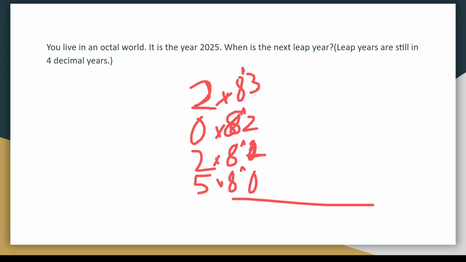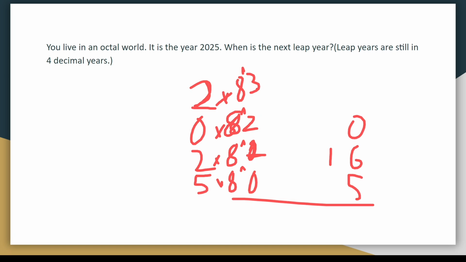So 8 power 0 is just 1, so it'll just be equal to 5. 8 power 1 is just 8, so 8 times 2 will be 16. 8 power 2 is 64, but it doesn't really matter since we're multiplying it by 0, so that'll just be 0.